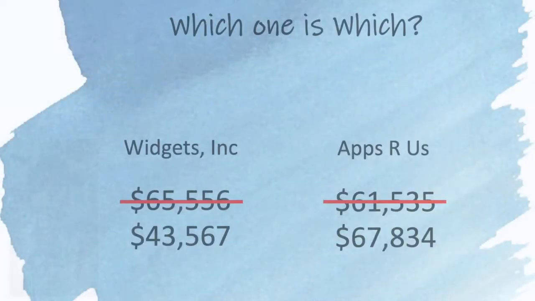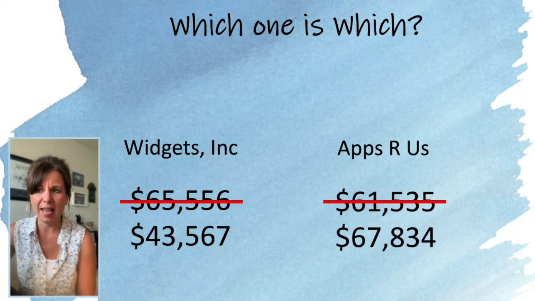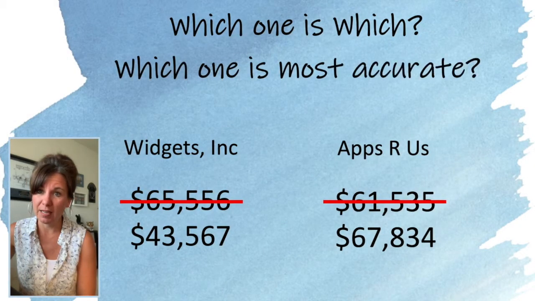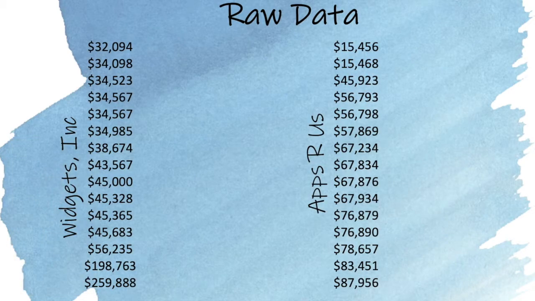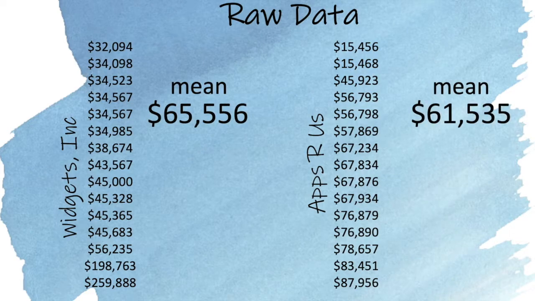Okay, so what do we have here? Which one is which? And more importantly, which one is the most accurate? Well, in order to answer that question, we actually need to go back and look at the raw data. So we've got Widgets Inc. and Apps R Us, and here's their salaries. And the mean is the first number we found, where you average all the salaries, add them all up, divide by the number of salaries there are.